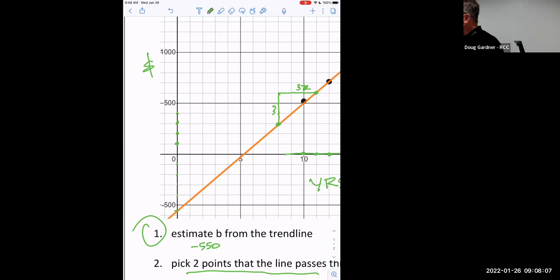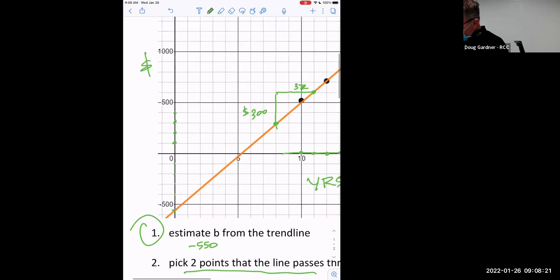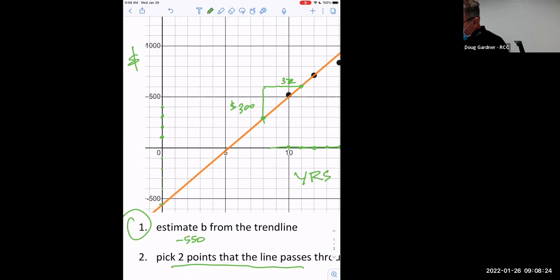Does that make sense? So this is actually not so much 3, but $300. So what's my slope then? Since it's rise over run, that'd be, if you leave the units in it, $300 per 3 years.